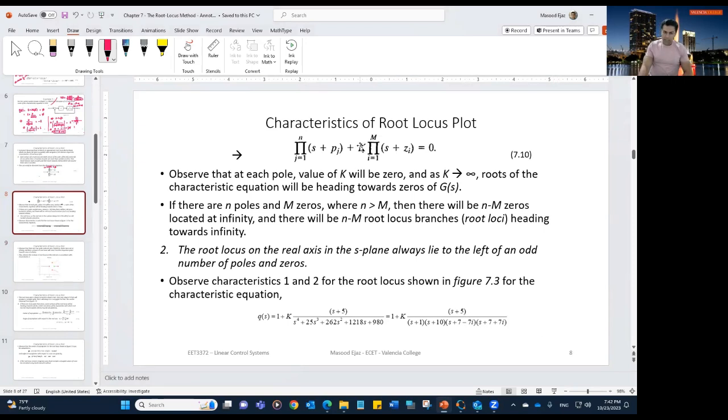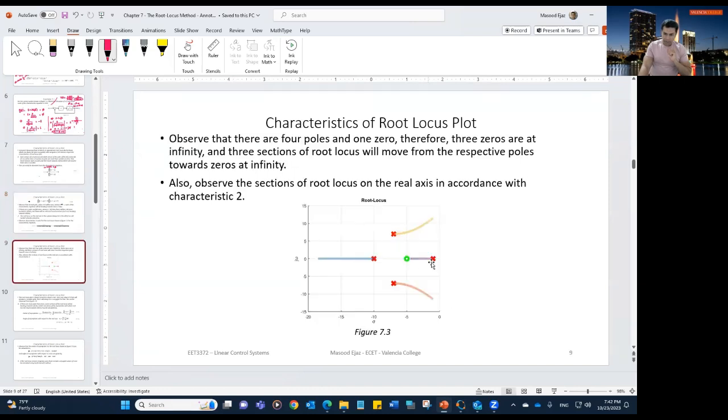So when k is equal to 0, the values that you're going to get from the characteristic equation will represent the poles of the characteristic equation. And those poles are these. So for these poles, the value of k is 0. So it's starting from there, because you have to change the value of k from 0 onward.